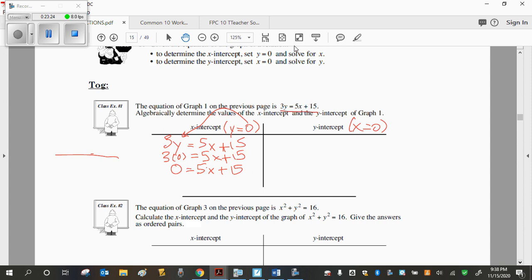You have to know which one to do first. I teach this in grade 7, I call this an add or subtract first question. Or if you don't like that, you can do it this way. Before you get x by itself, you've got to get 5x by itself. So you've got to get rid of this add 15, so you subtract 15 on both sides.